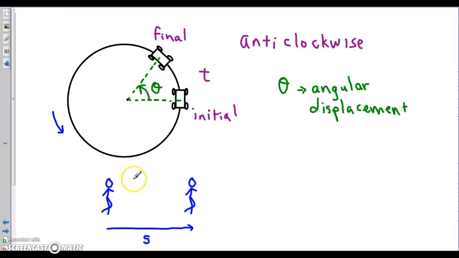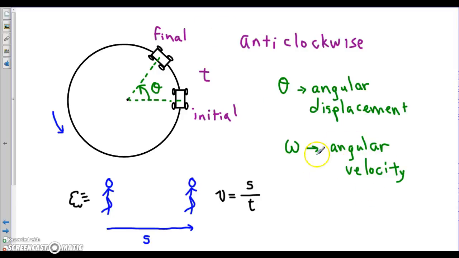Now, it's possible for a person to move this distance s in a really short amount of time. If that's the case, then we say the person's velocity v is equal to the distance over the time. And when the velocity v is high, that means the person is moving really fast. Right? In the same way, we can define angular velocity, omega.